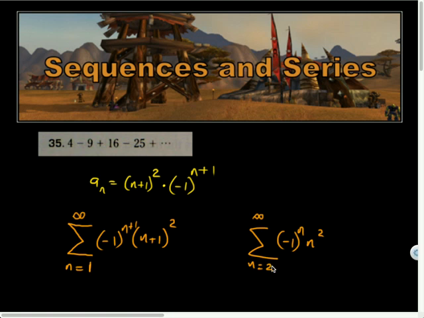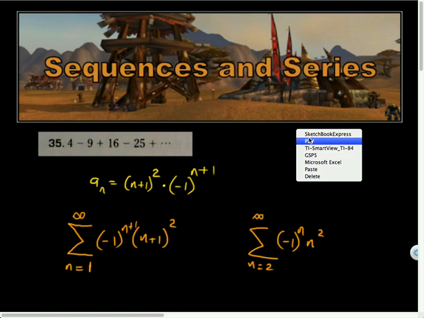Because with n starting at 2, 2 squared is 4, and -1 to the 2 is even, so positive, and it seems to work out. So either of these answers are good. This one looks a little simpler, but some people are interested in always having n equal 1, so I'm fine with either. So let's look at another problem.